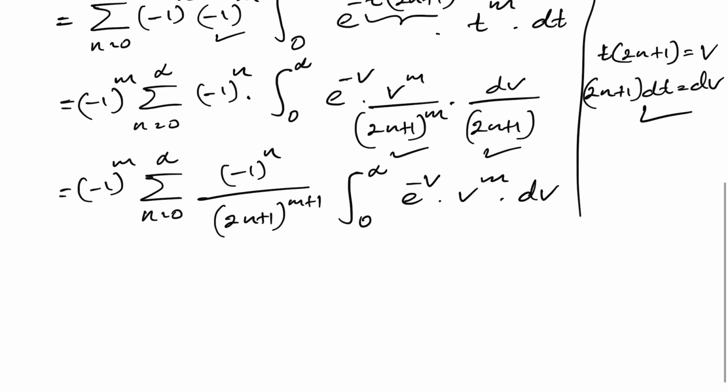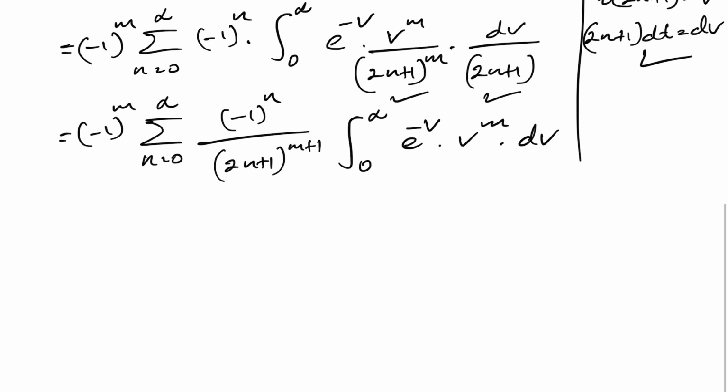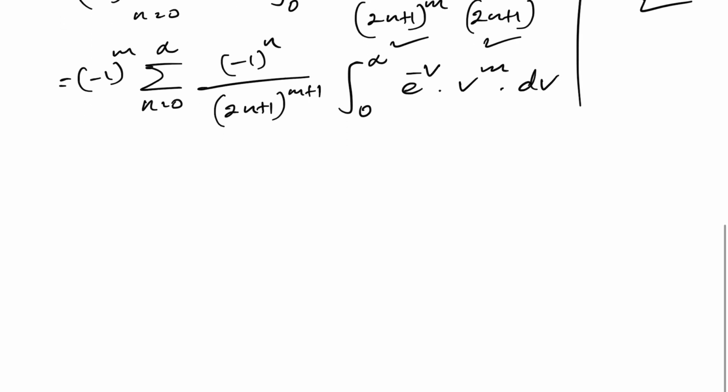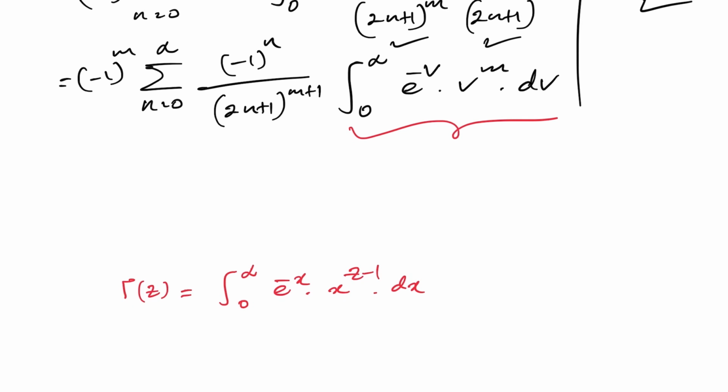Now let us recall the gamma function and the Dirichlet beta function. We know the gamma function: gamma of c is equal to the integral from 0 to infinity of e to the minus x times x to the c minus 1 dx. So this part is equal to gamma of m plus 1. Then let's recall the Dirichlet beta function.